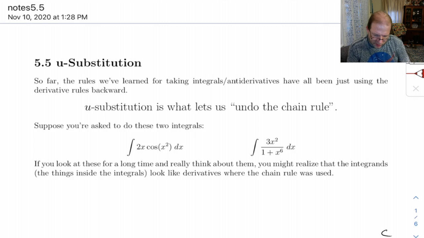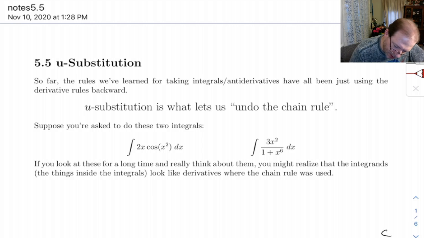Now, suppose you were asked to do these two integrals here. These are not things that we've learned how to deal with yet, but if you looked at them long enough, you might realize that they look like derivatives that were obtained using the chain rule. What do I mean by that? Well, this one right here, you got an x squared here, and it's nested inside of something, and its derivative shows up over here.